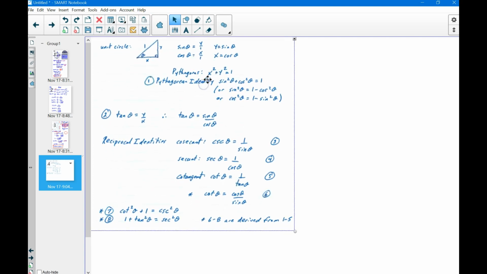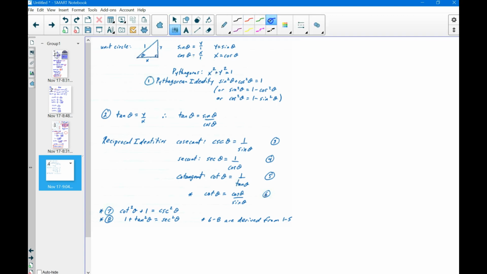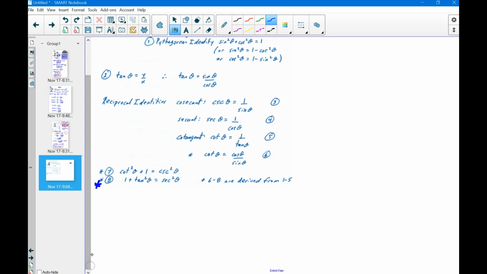Up here a little bit. So let's look at number 8 down here. You're thinking this is way out there. This one right here. So we have 1 plus tan squared, sorry, 1 plus tan squared theta equals secant squared theta.